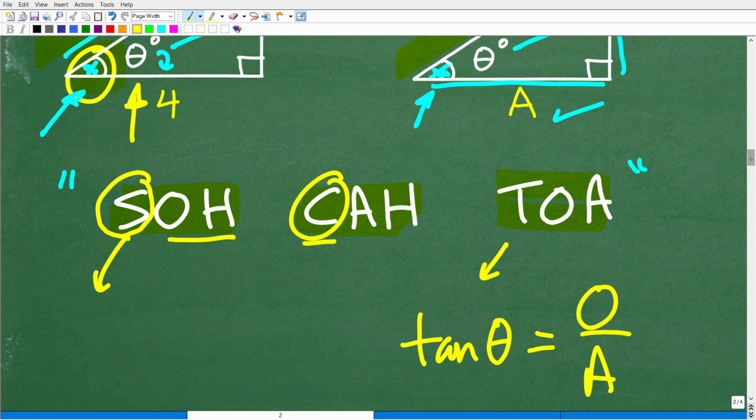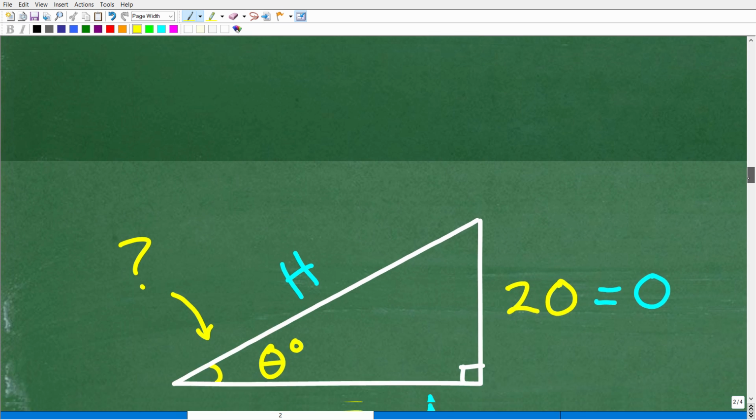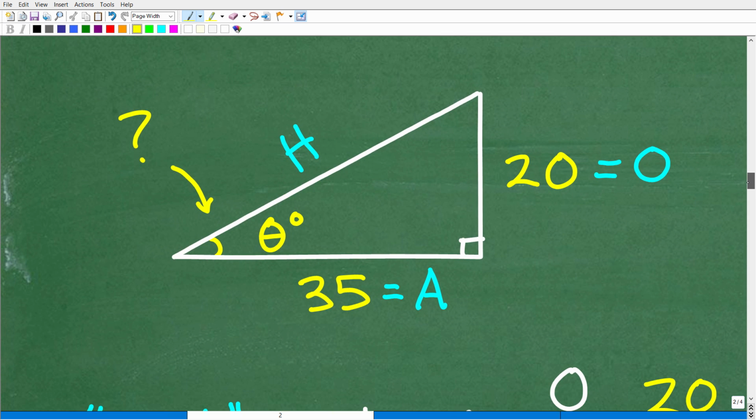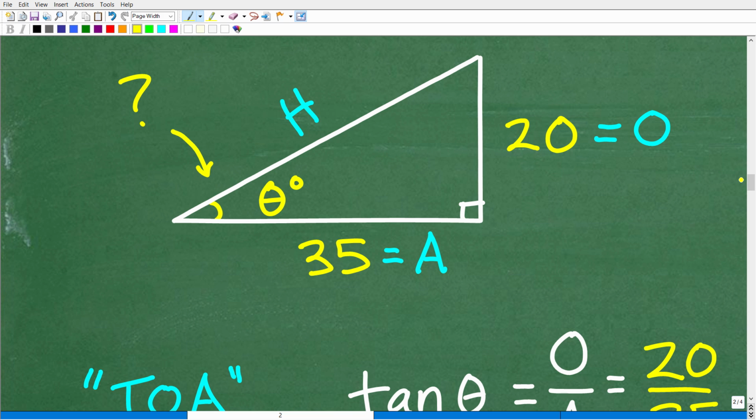So let's take the next step, and that is to identify what we have in our problem. If we look at our right triangle, this is the angle that we want. We have the adjacent side, which is 35, and we have the opposite side, which is 20.